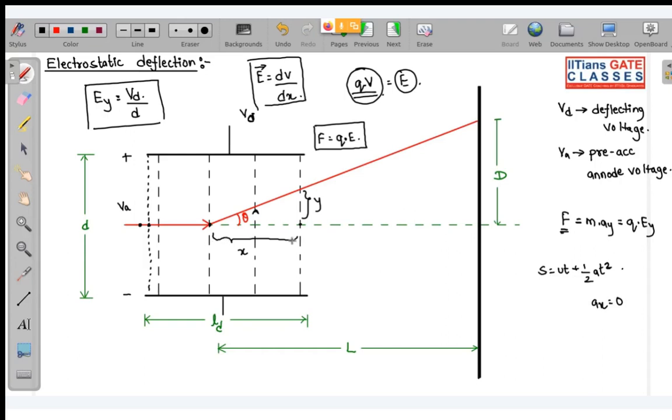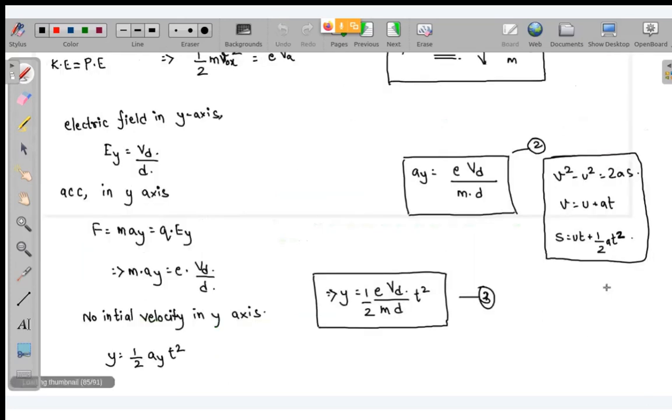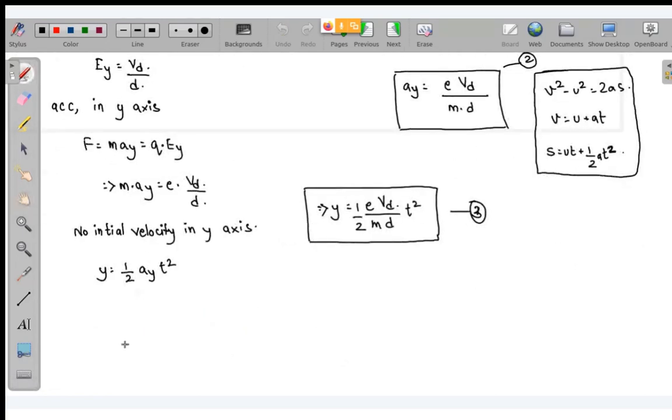If I want to find this, s is actually x, and u is the initial velocity. The initial velocity in the x-axis we have found to be vox. So x is equal to ut plus half ax t square.